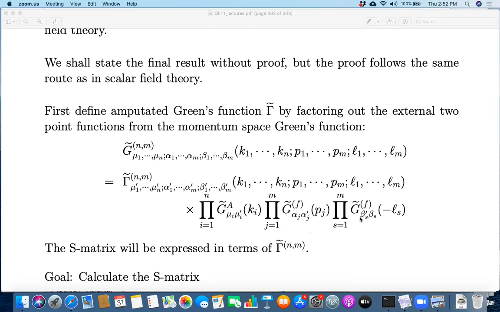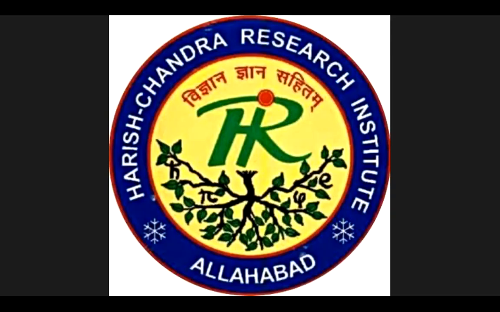Maybe I can just illustrate this again by one example. Let's consider just one single amplitude. So this is the photon mu.